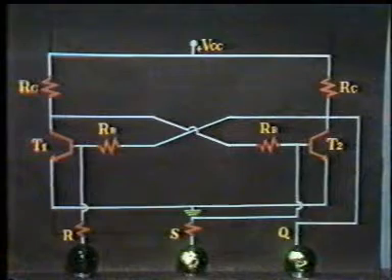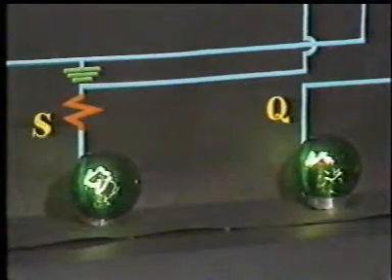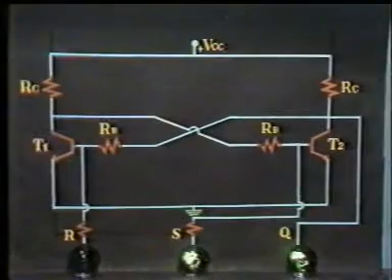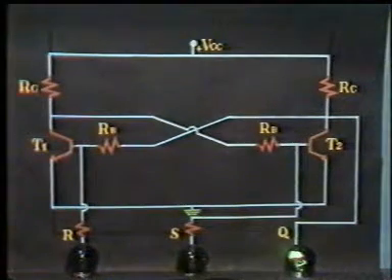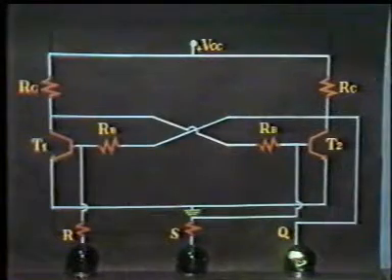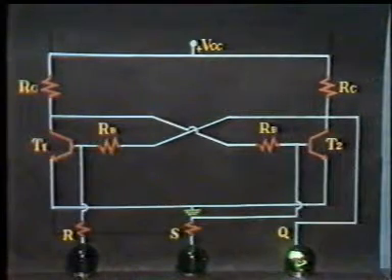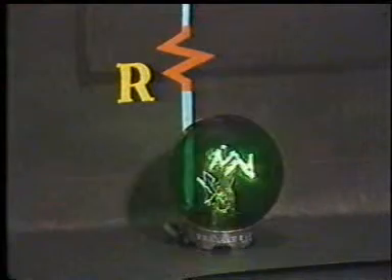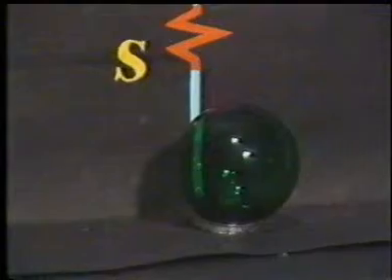R equal to 0, S equal to 1 makes Q equal to 1. R and S both at ground cause Q not to change. This is no change condition. A positive trigger at R input only causes Q equal to 0.